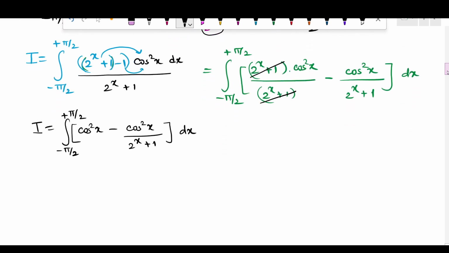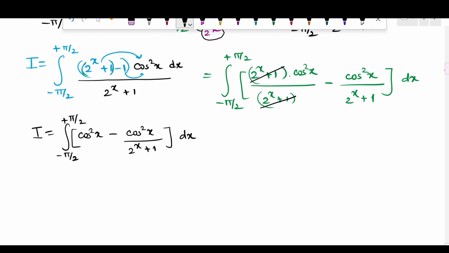Is this right? So by this property, if you have two functions fx plus gx from a to b, you can separate them like this. Right?